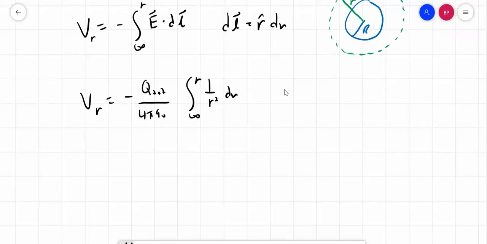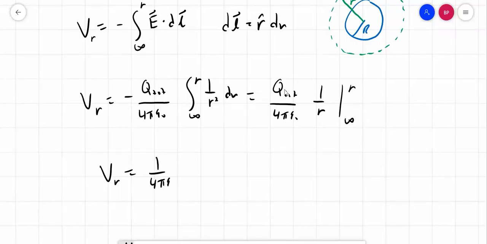Okay, so when I integrate this, I pick up a negative sign. Now I just have 1 over r. I have to evaluate that from infinity to r. Well, when I plug infinity in here, this is 0. So I only have to worry about the r. So the voltage some distance r relative to infinity is 1 over 4 pi epsilon naught, the total charge of our sphere over r.